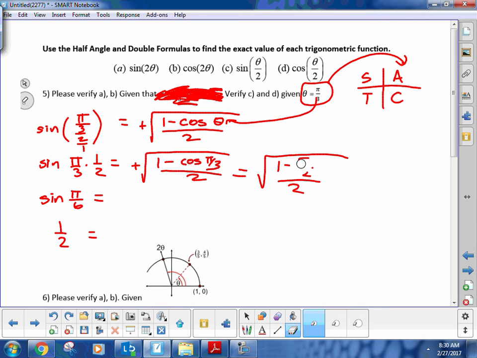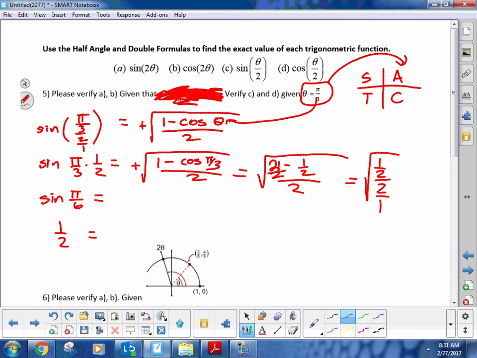I should have looked at the unit circle. Let's fix this. This is really 1/2. So I'm going to make this into a common denominator, so I'm going to make this into 2 over 2. And multiply 2 top and bottom. And then we'll discover that it's 1/2 divided by 2. I'm going to accentuate this with a 1 there.